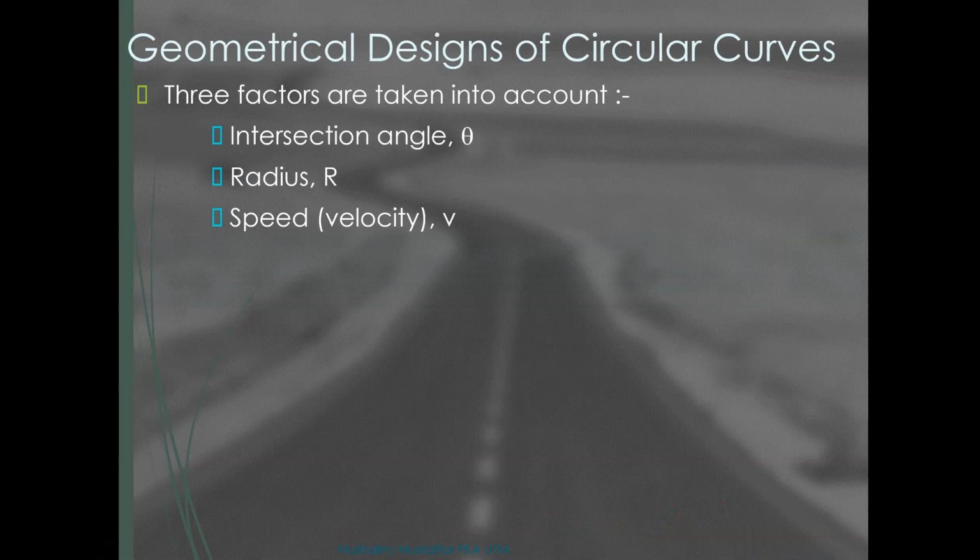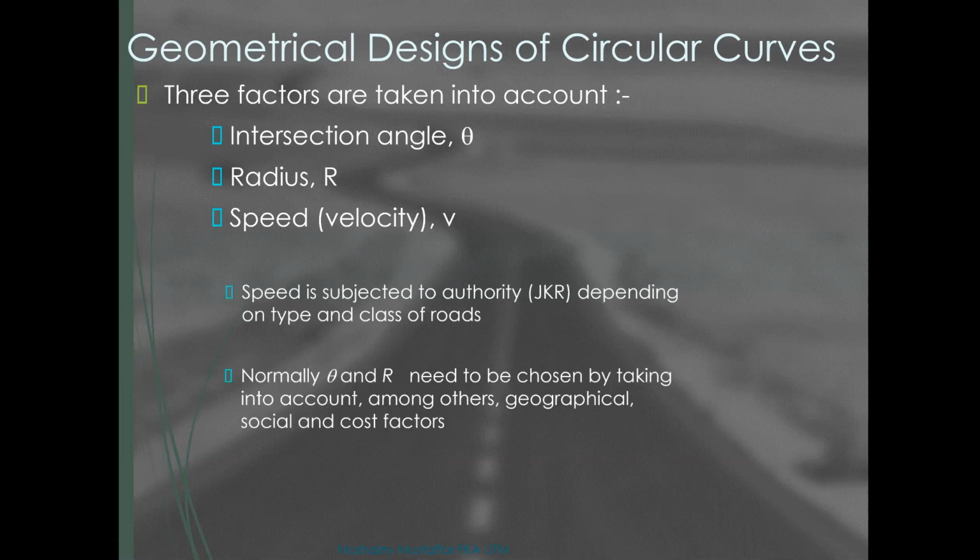Now, when a designer comes up with an alignment, there are many factors that will be taken into account. In terms of the geometric design, there are 3 factors that I can think of. We will look at the intersection angle, the radius, and the velocity, or the speed that the road or the pathway is designed for.